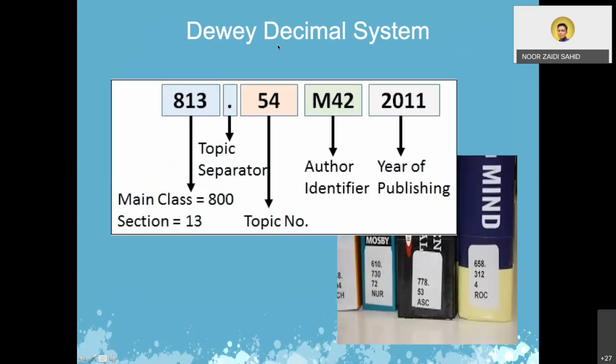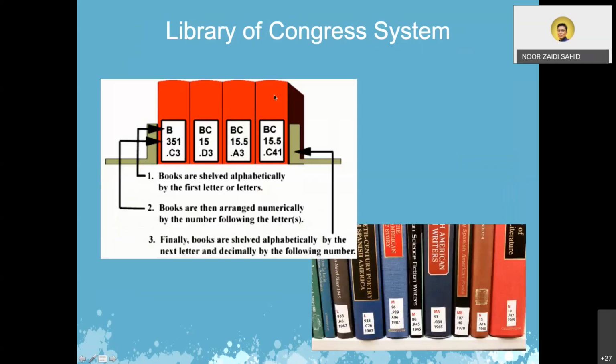Begitu juga dengan 54, 5 and 4, each of this character mengandungi makna. Jadi di sini pun sama ya. L, the area or the subject field, 9, 3, 8, setiap satunya ini mengandungi makna to represent as you mentioned just now. Dia mungkin combinations of many topics or combinations of many fields. Okay, boleh faham?